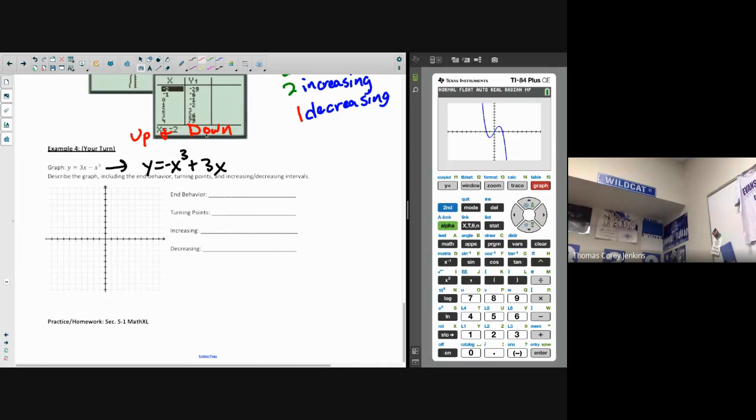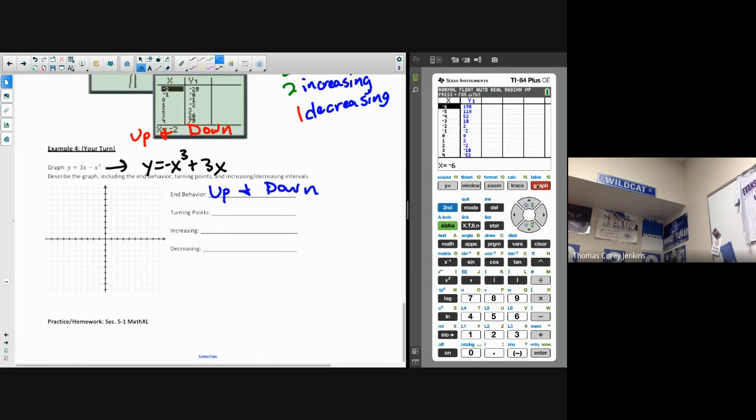Let's confirm that. We can tell that just by looking. So up and down, and there are turning points. Now I'm going to go to my table. I want to get these exactly right, so on these I have to be a little more exact. I'm going to get anything I can fit on a 10 by 10.